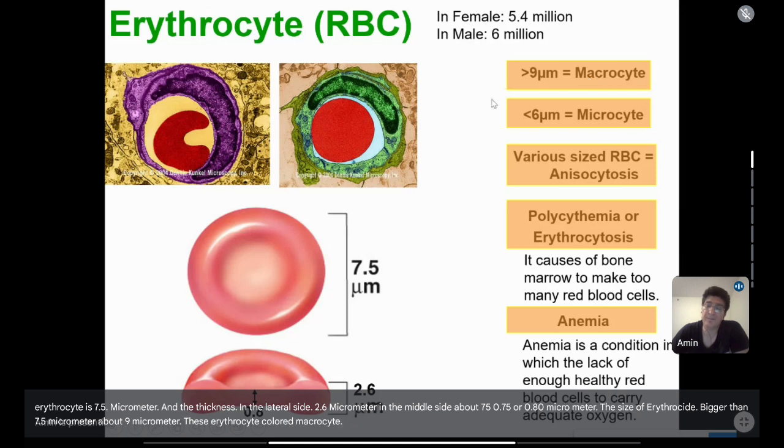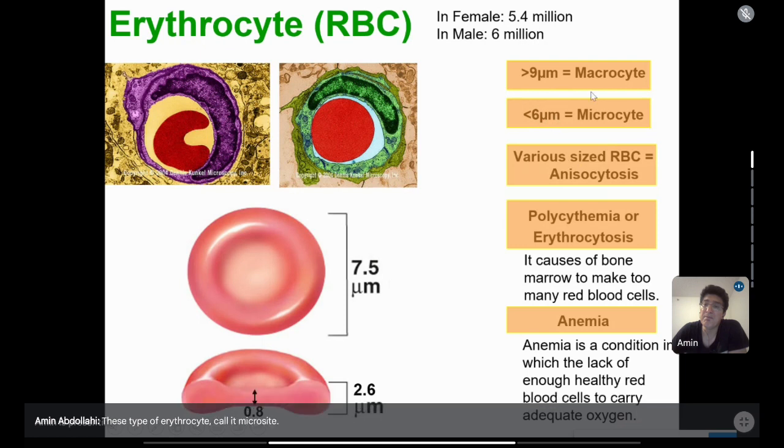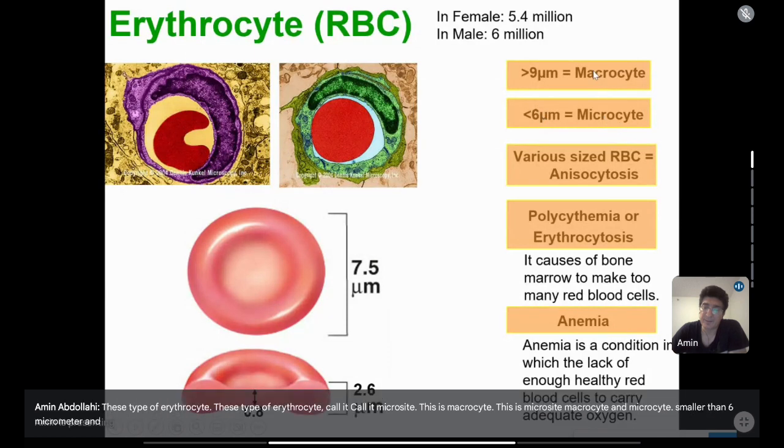If the size of an erythrocyte is smaller than 6 micrometer, this type of erythrocyte is called a microcyte. This is macrocyte, this is microcyte. Macrocyte and microcyte. Smaller than 6 micrometer and bigger than 9 micrometer.